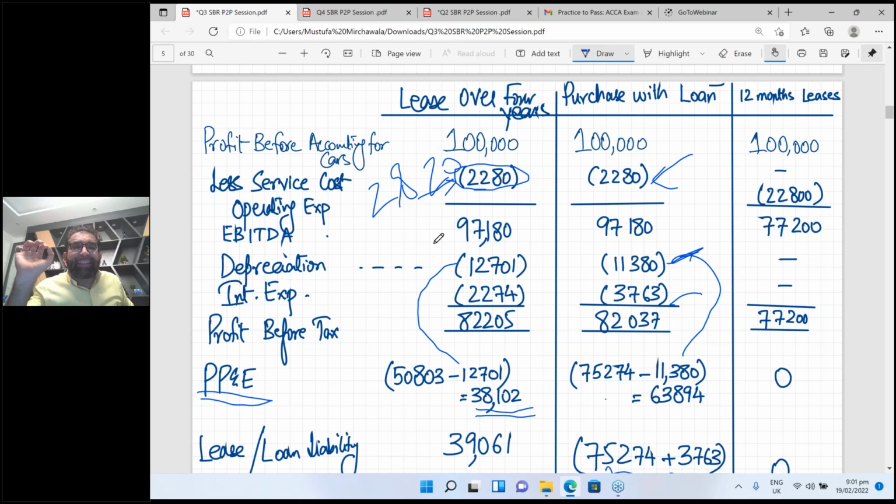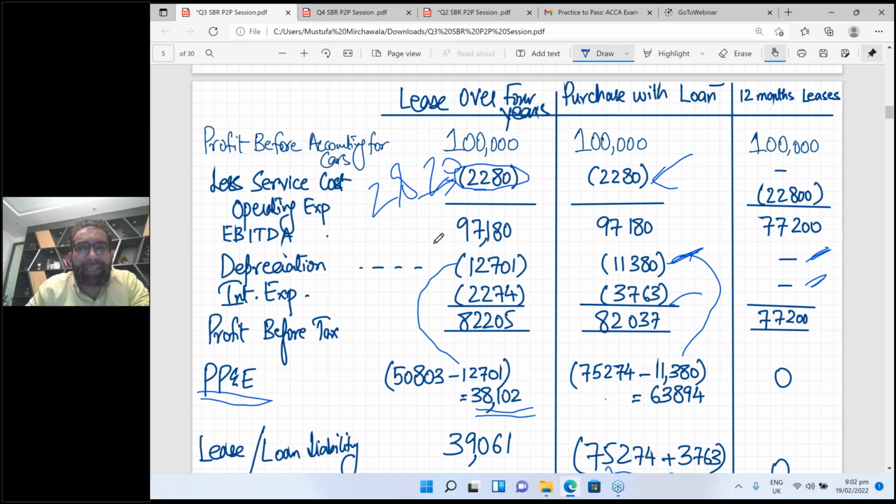EBITDA went down, because EBITDA is profit before interest, tax, depreciation and amortization. But now you don't have any depreciation and amortization, and you booked everything before EBITDA. So definitely your EBITDA went down in this case. But as compared to the other case, the EBITDA is high. In this case there is no depreciation and no interest, so your profit before tax will be 77,200.